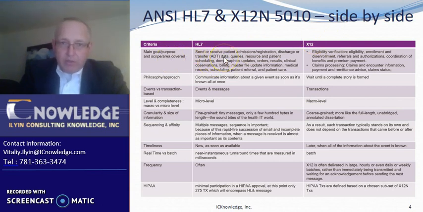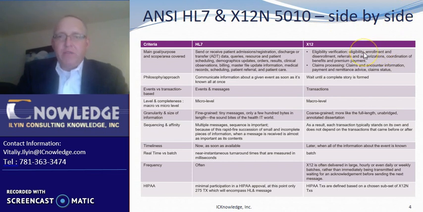HL7 is used to send and receive patient admission, registration, discharge, and transfer, so ADT type messages, queries, resource and patient scheduling, demographics update. You can read all of this here. X12, as I said, pretty much covers about 12 messages. It's interesting that X12 doesn't stand for anything, but it covers about a dozen transactions, so an easy way to remember is X12 covers 12 messages.